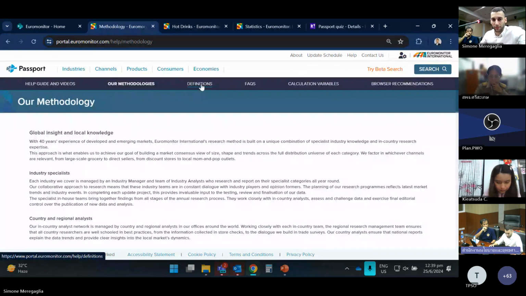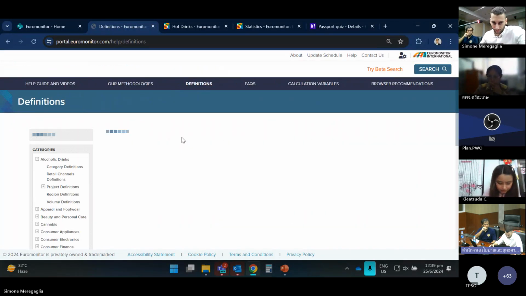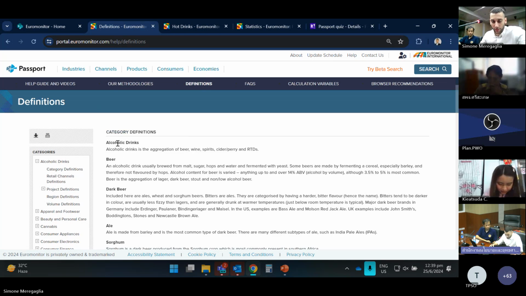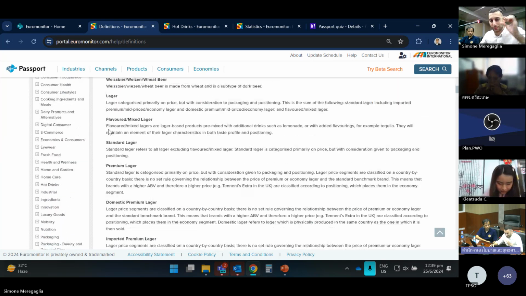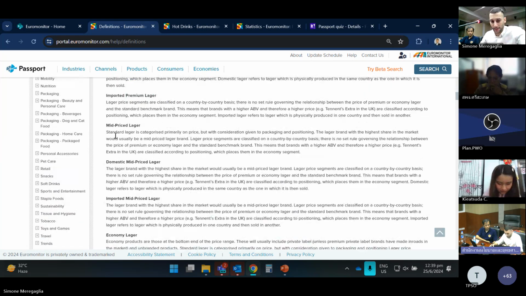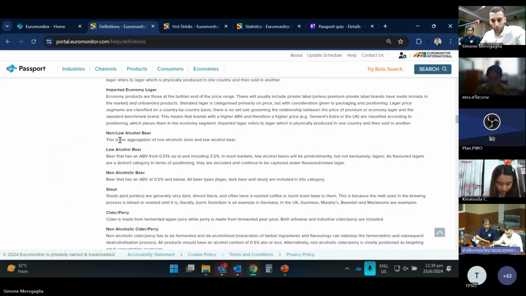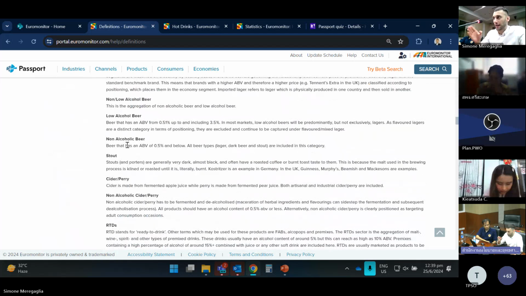And also, what are our definitions? How do we define information? How do we define the categories? And so on. So for each specific category, we define specifically what each category means. There's a massive amount of work behind categorizing everything very, very clearly, because a big part of our analyst job is to make sure that the data is cross-comparable across countries.